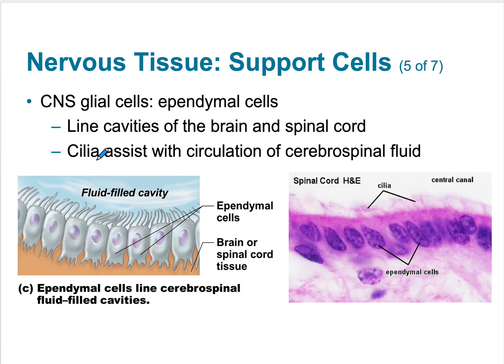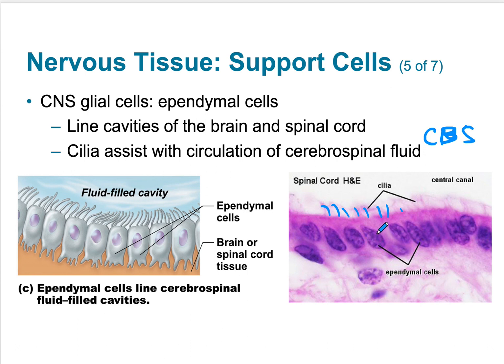They help to secrete and circulate cerebrospinal fluid, CSF. Okay, they are these cells. You can kind of see them here. They have really large nuclei, but they also have cilia on them, and so they will secrete cerebrospinal fluid that circulates.